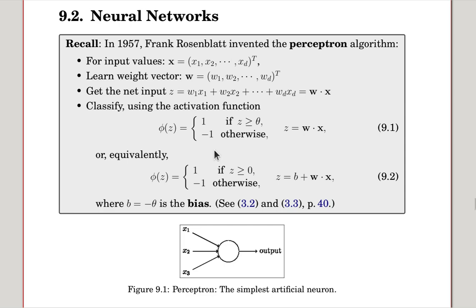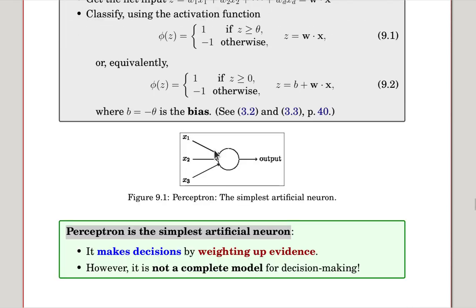The perceptron algorithm can be illustrated in this way. As in the picture, the input values are weighted up, and then for the value, by using thresholding, the prediction is made. The perceptron is the simplest artificial neuron.